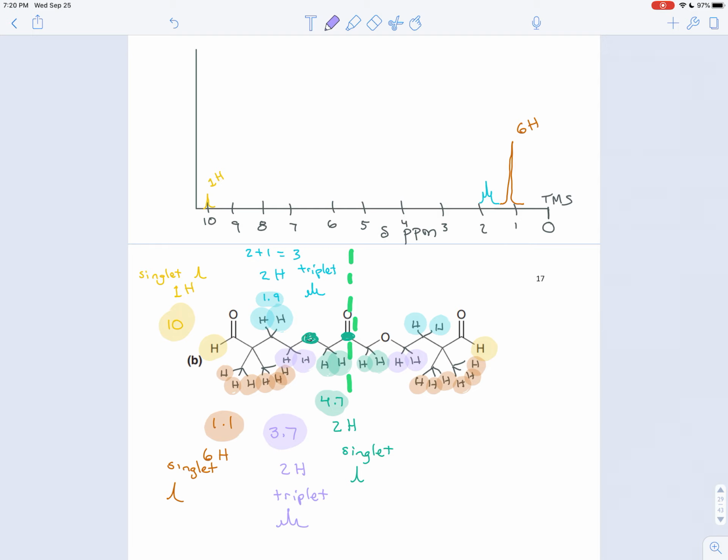That's the blue hydrogens. Next, the purple hydrogens. Here, we're going to have a triplet representing 2 hydrogens at 3.7. So 3.7, a triplet, same size as the blue one. Should have around that same area.